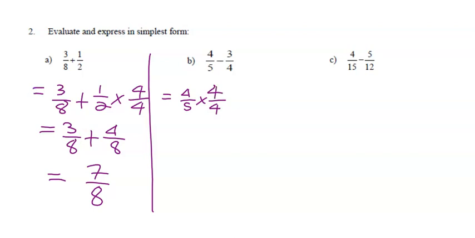Why? Because we want to change the 5 into a 20. If we multiply by something else over 4, we're not multiplying by 1. We're now changing the value. Right? We're not getting an equivalent fraction. This is 16 over 20. 16 over 20 is 4 over 5. Or your calculator goes 16 divided by 20, math enter. It's going to say 4 over 5.